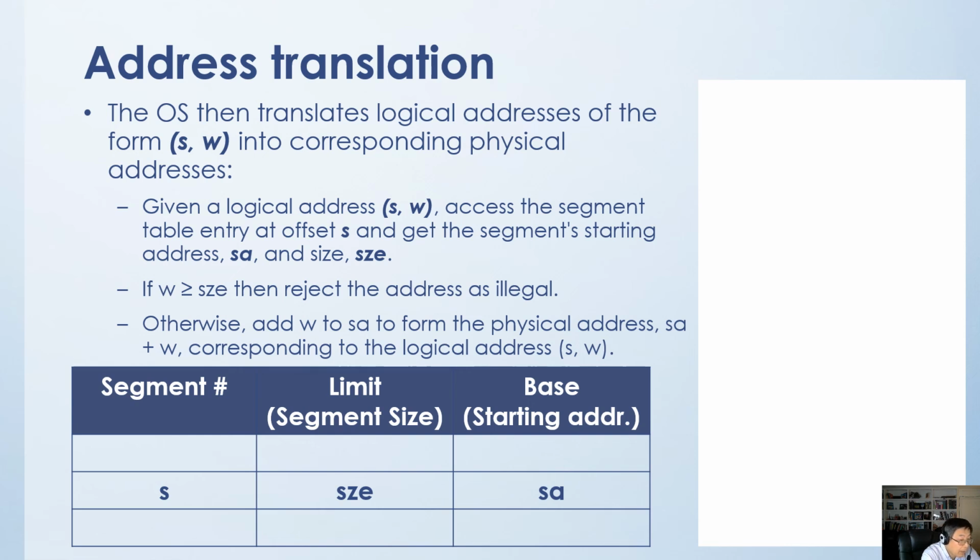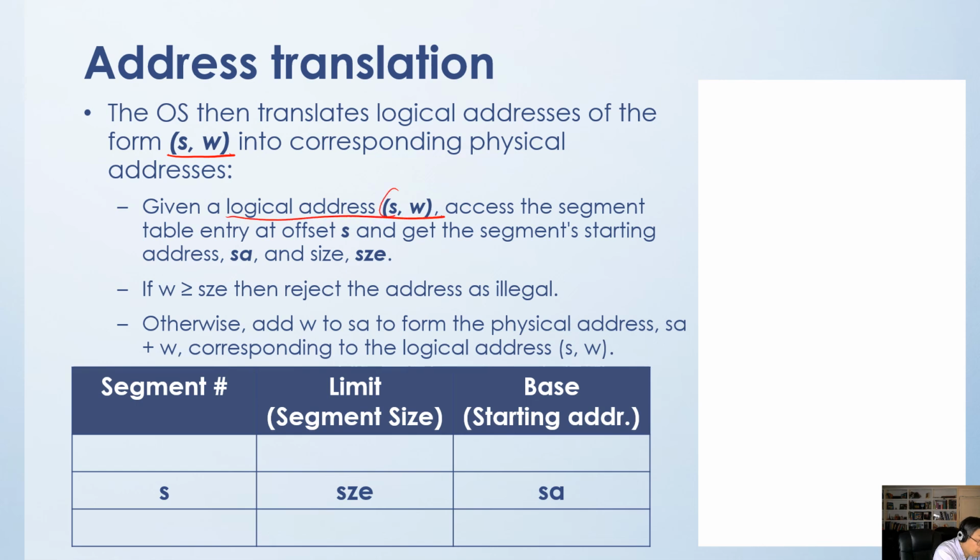Now here, let's talk about how we can translate the logical addresses into the corresponding physical address using segmentation. So the operating system translates a logical address of the form S, W into the corresponding physical address. So suppose that's a logical address.